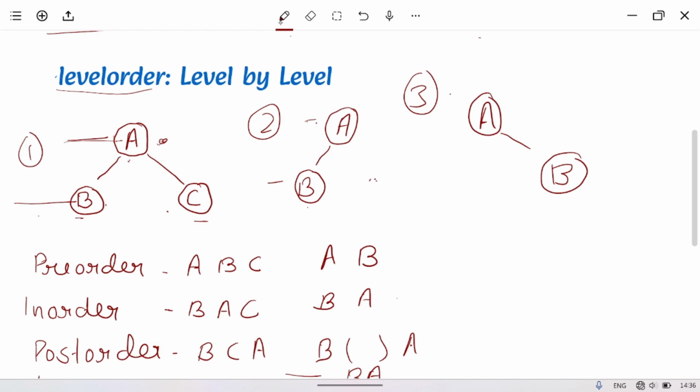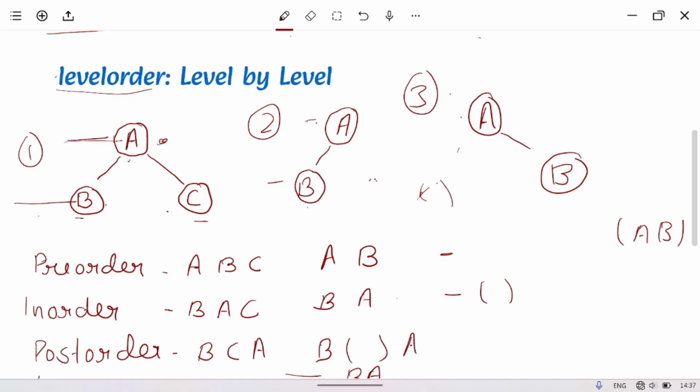Now let's see the traversal for this tree. First I will write the pre-order traversal: visit node, then left subtree. The left subtree is nothing, then the right subtree B. So A B is the result. Next, in-order traversal: first left, then visit node, then right.